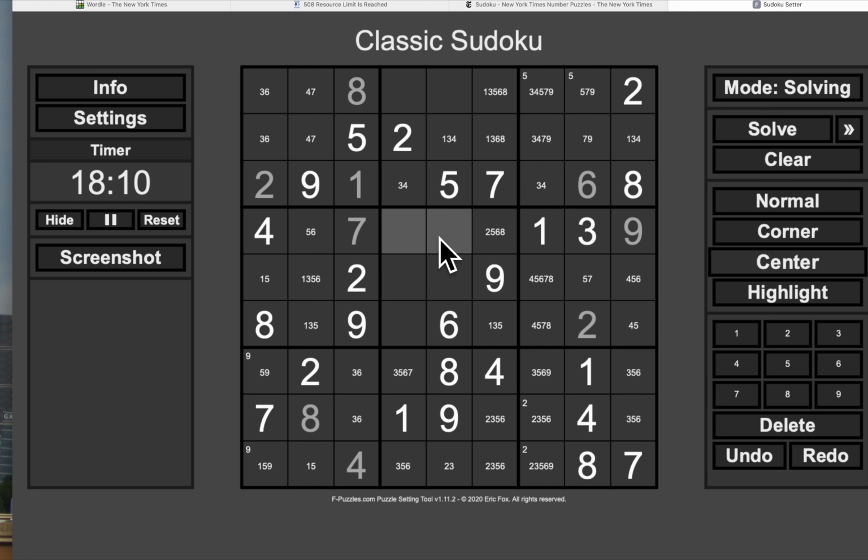Let's see. These two are the only ones I haven't marked yet in row 5. It cannot be 1, 3, 4, 7, 9. So 2, 5, 6, and 8, actually.